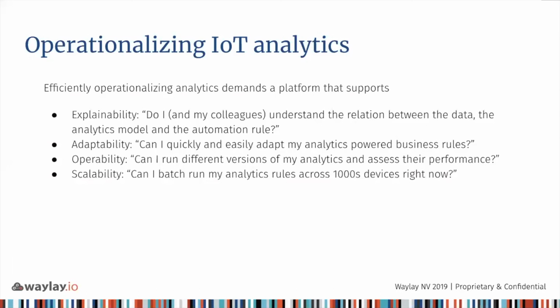Okay. Adaptability is another important point about operational ability, which is the ability to quickly adapt as my business context changes, or if I want to test multiple versions of my algorithm, I can easily compare them with each other. Okay. And operability is about having a platform that allows you to version both the analytics models as well as the business logic that is coupled to it.